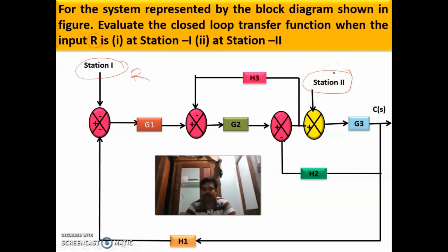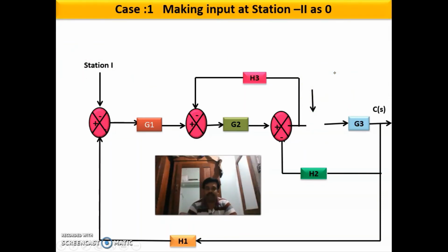So first we are going to consider the first case, that is we are considering R in station 1. And when considering station 1, we are removing the input at station 2.